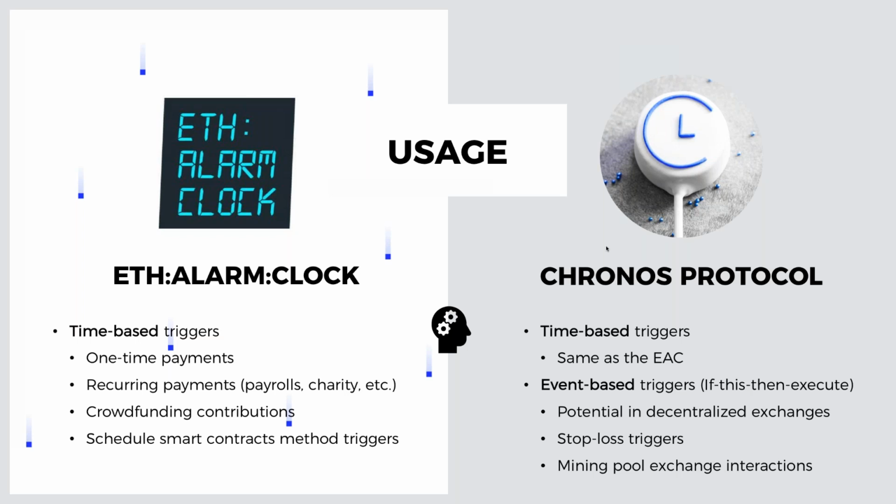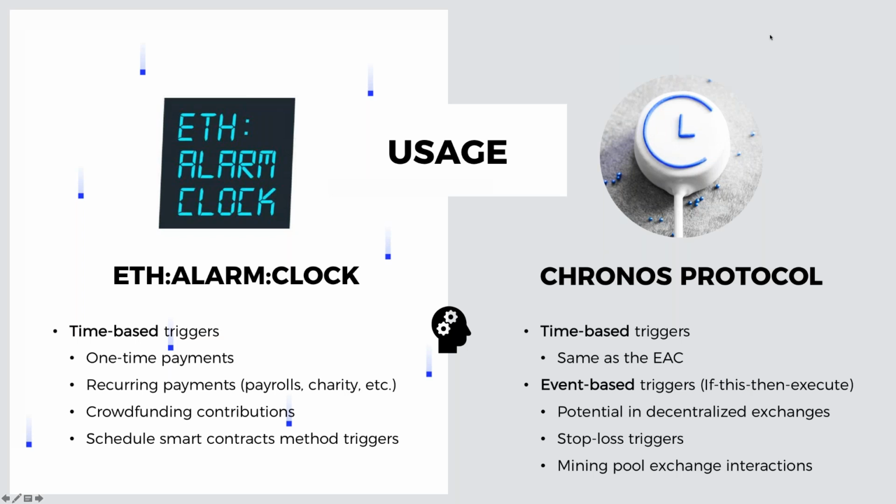This is something that we have talked a lot about, but we would like to get into some of the new use cases we have with the Chronos protocol. Above and beyond what the alarm clock can do with time-based triggers, it focuses on adding event-based triggers.